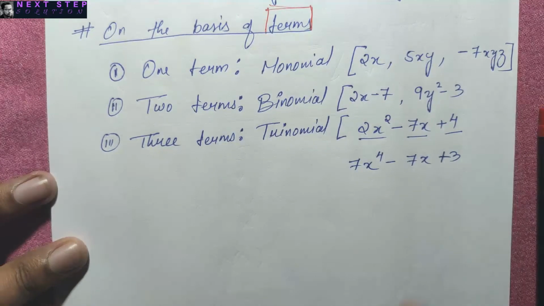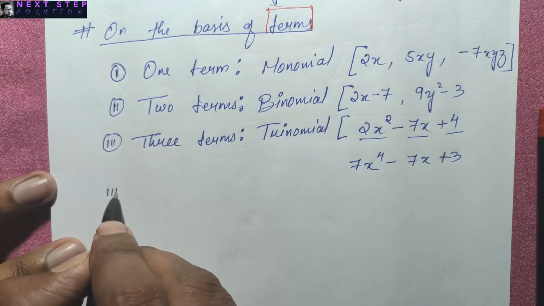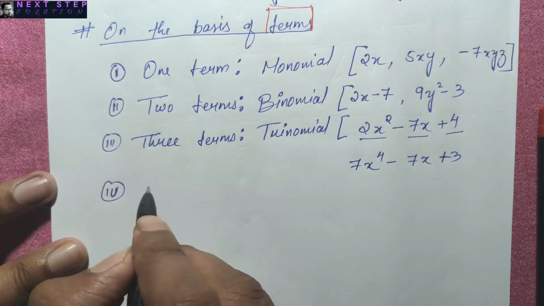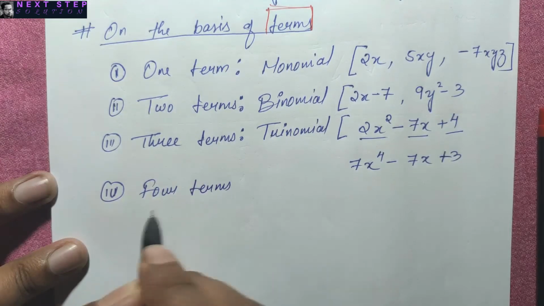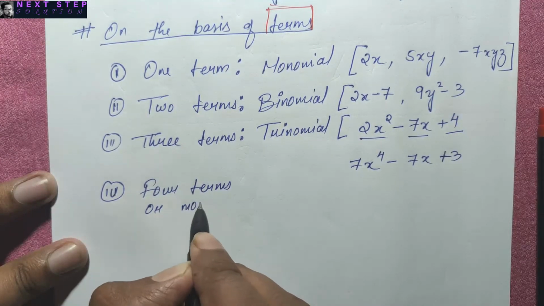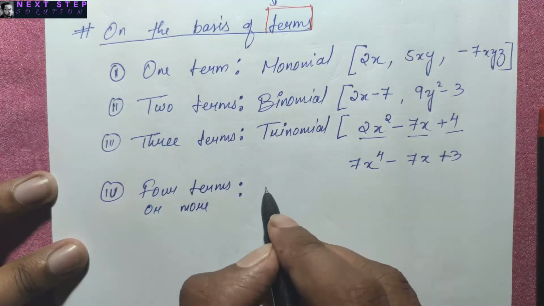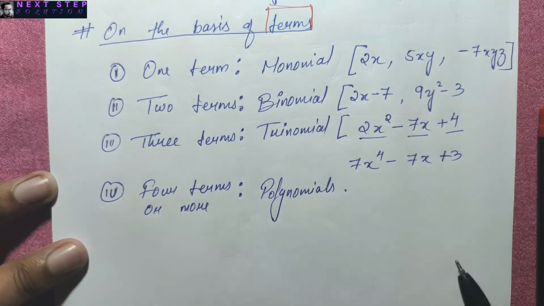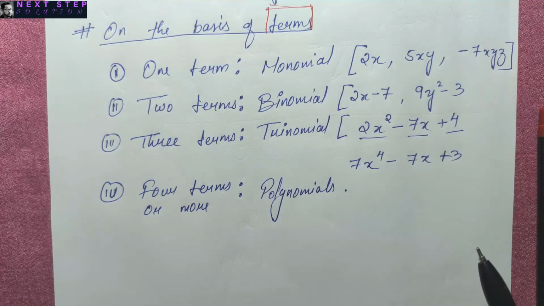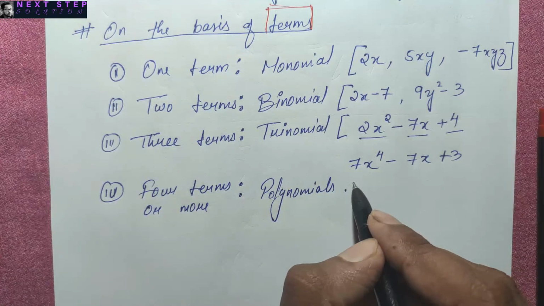Furthermore, if we have 4 or more than 4 terms, these are called polynomials. No particular name for this, we call them polynomials. I need not give an example for this.